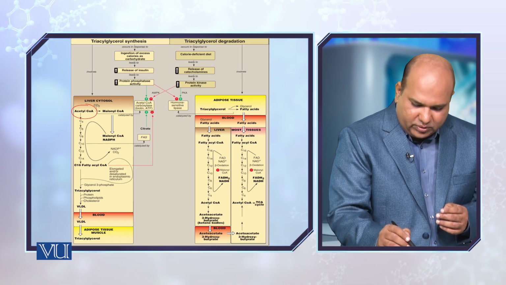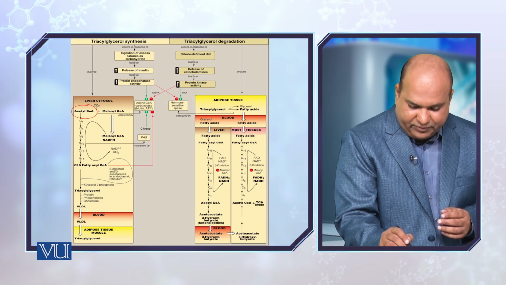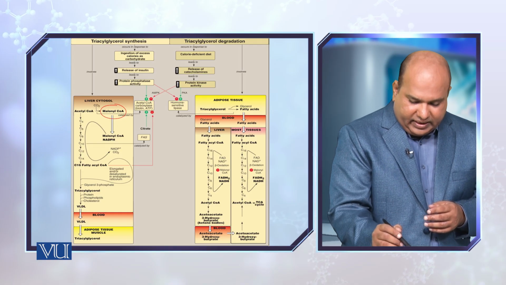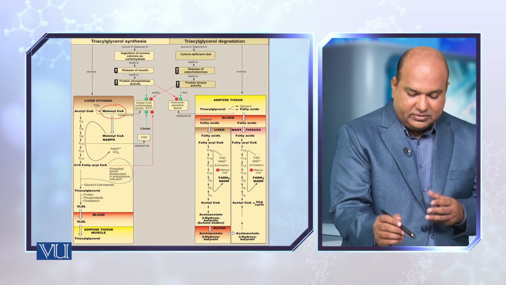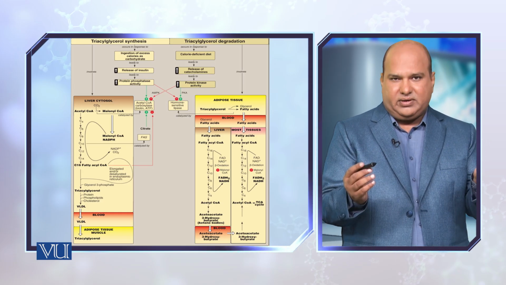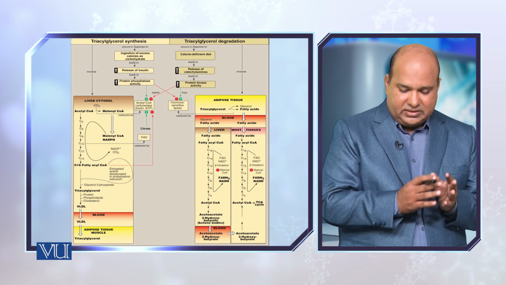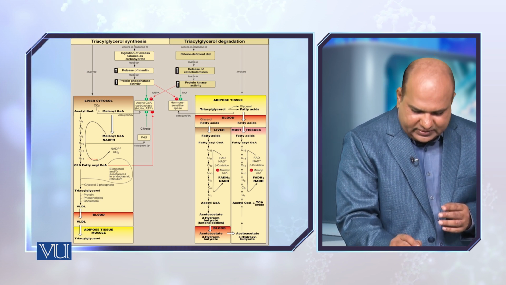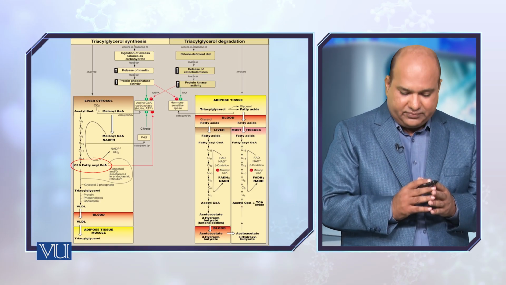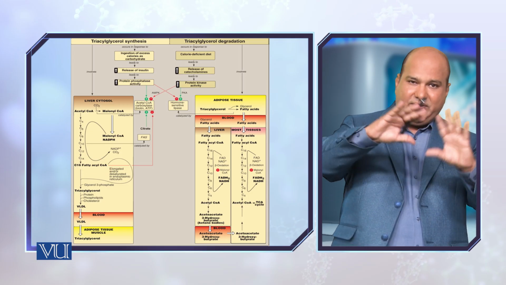These acetyl CoA molecules then give rise to malonyl CoA, and eventually this leads to the formation of fatty acids with the required number of carbon atoms. Here is an example of a C16 fatty acyl CoA, palmitic acid, or palmitoyl CoA, and this is the fatty acid part.